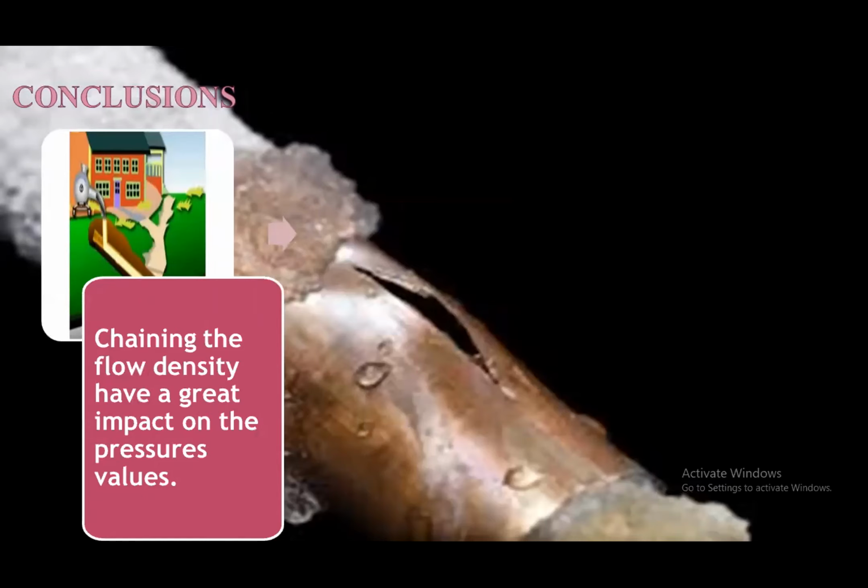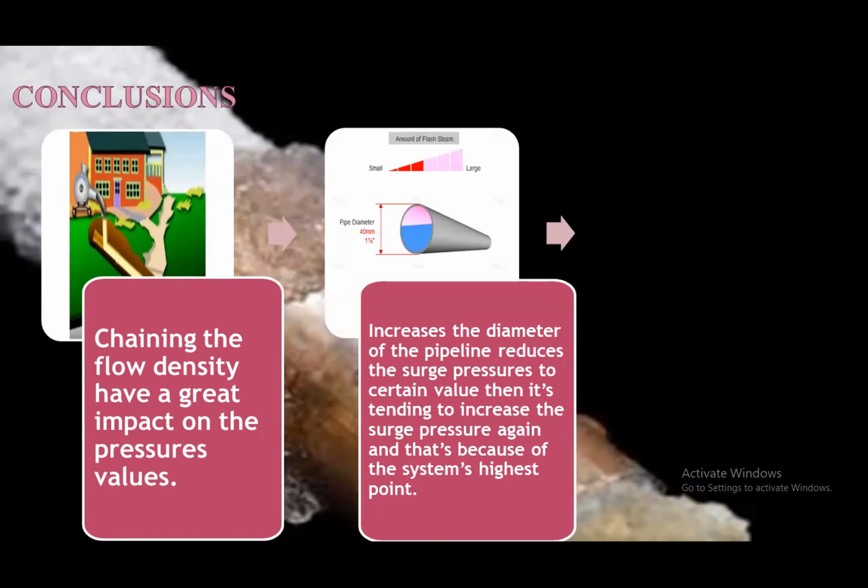And changing the flow density has a great impact on the pressure values. As I said before, the flow density is a very effective parameter in the equation of wave celerity, and that directly affects the pressure values going through the pipeline. And increasing the diameter of the pipeline, of course, reduces the surge pressure, as I said, to a certain value.